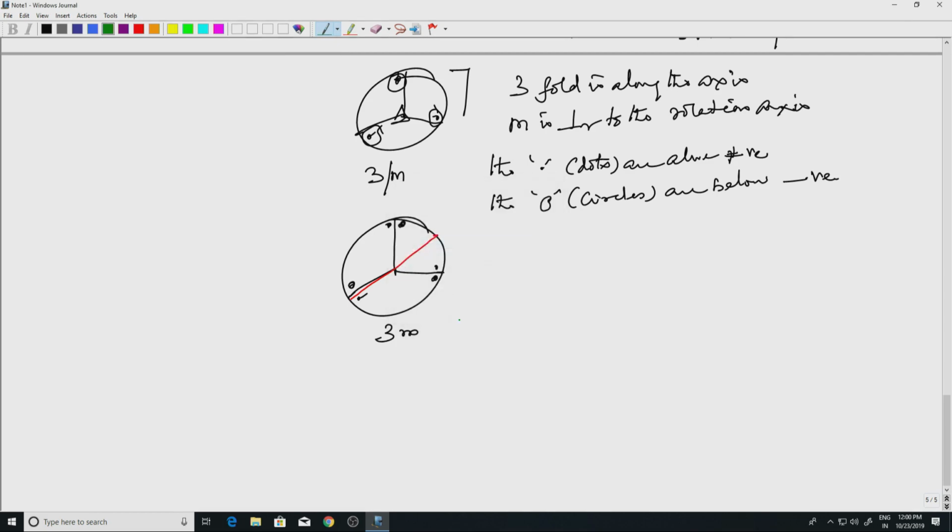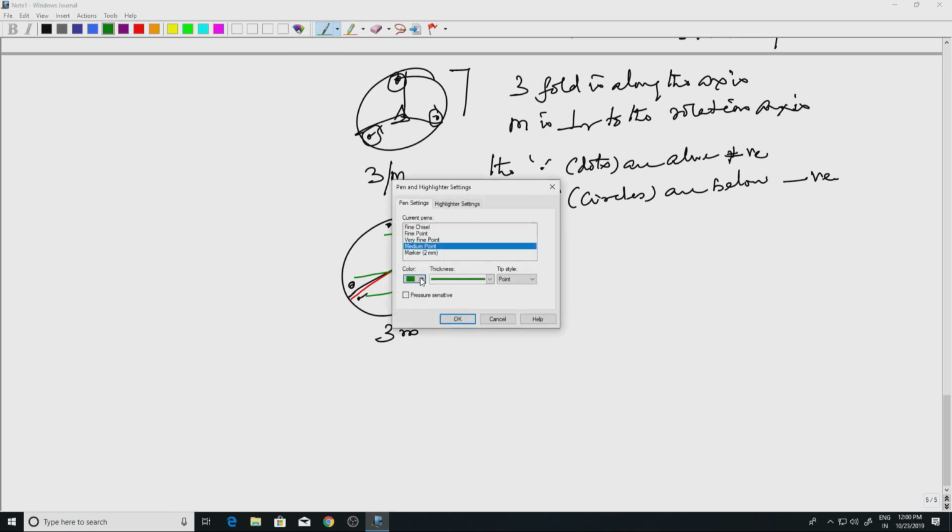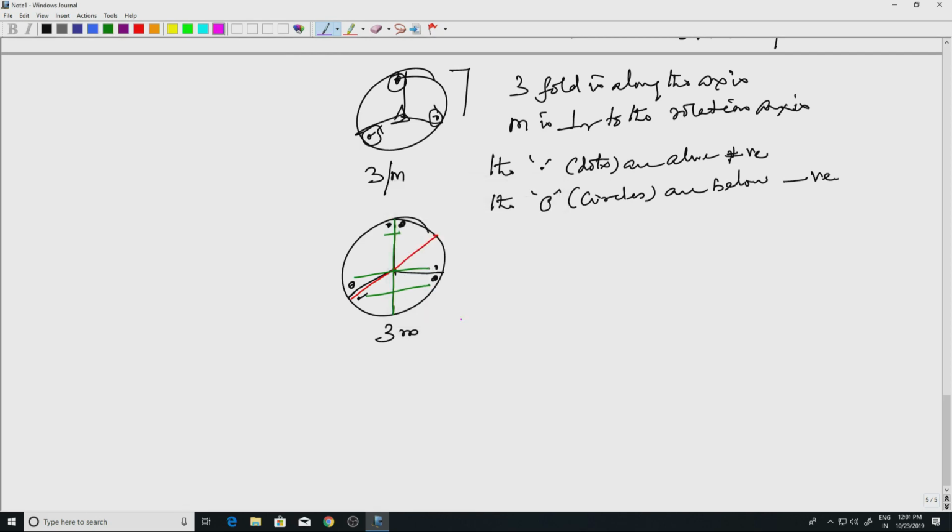Now we can see that here there can be a mirror. That is, this gets reflected here, this gets reflected here, these two are related. Now we can see similarly there is a mirror operating. That means these two are related by a mirror and these two are related by a mirror.